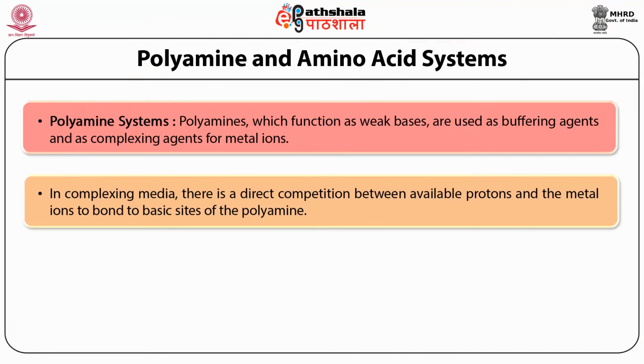In a complexing medium, there is direct competition between available protons and the metal ions to bind to basic sites of the polyamines. Thus, a knowledge of the nature of the equilibrium, the acid-base chemistry of these types of molecules, is essential for an understanding of their use and limitations as metal complexing agents.